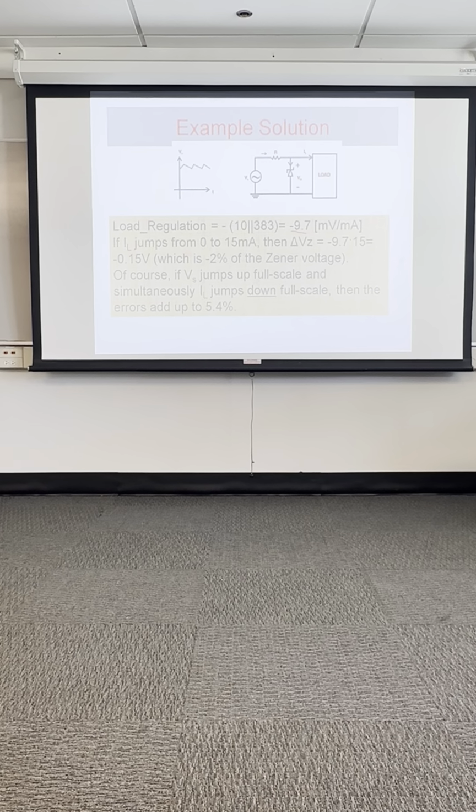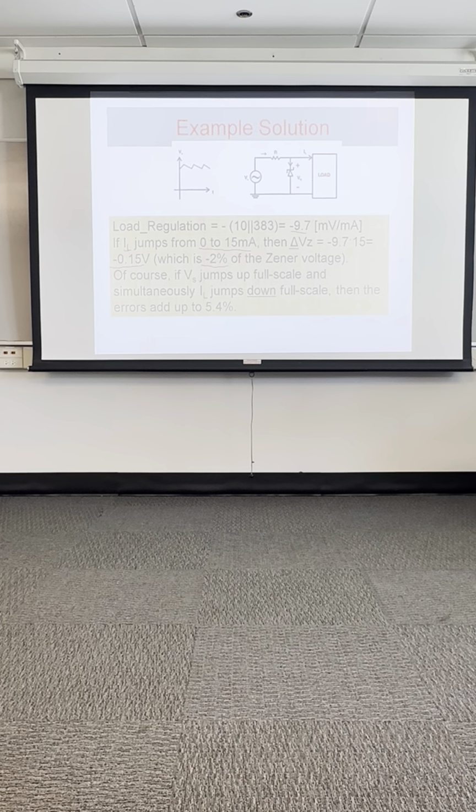And if the load I sub L jumps from 0 to 15 milliamps, so it jumps full scale, the zener voltage, delta VZ, will change minus 9.7 millivolts times 15 milliamp, minus 0.15 volts, and the zener voltage is 7.5, so we calculate a difference of minus 0.15 compared to 7.5, that's approximately minus 2% of the zener voltage.